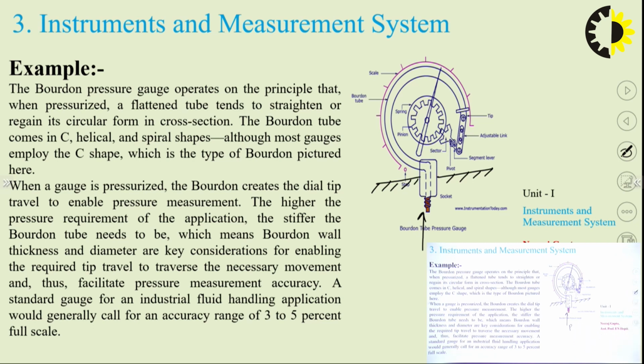This end of the tube is fixed and this free end, the tip of the Bourdon tube, is free to move. Free to move in the sense it could have a deflection in this direction, dx.